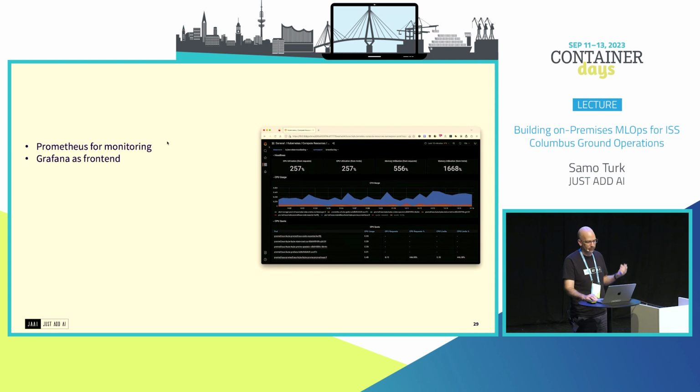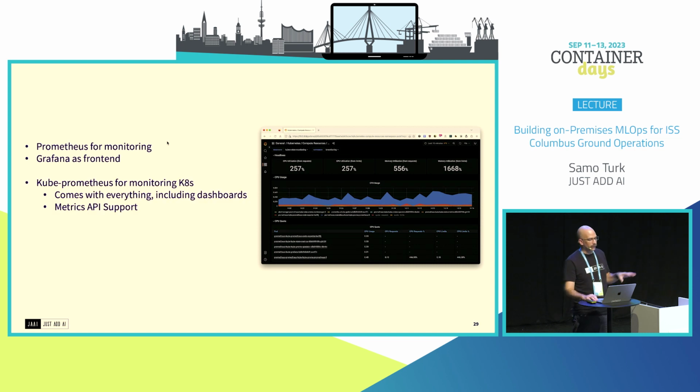So we just took those things and went with it. If you want to monitor what's happening with the cluster itself, there's the kube-prometheus stack, which we're using, and it comes with everything pre-configured, including dashboards, metrics, API support, and whatnot. We just rip out Grafana because we deploy it separately.